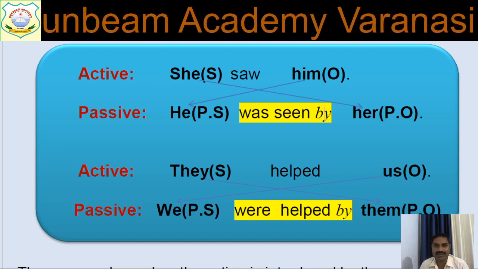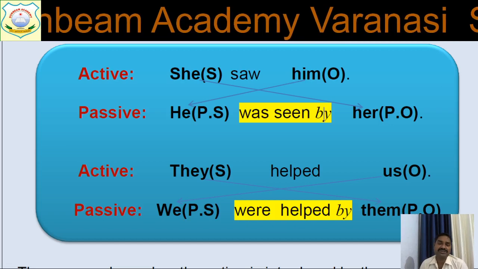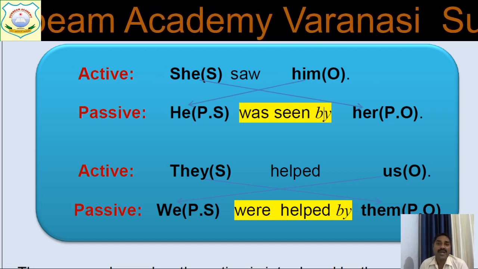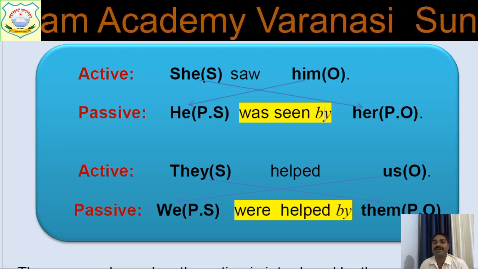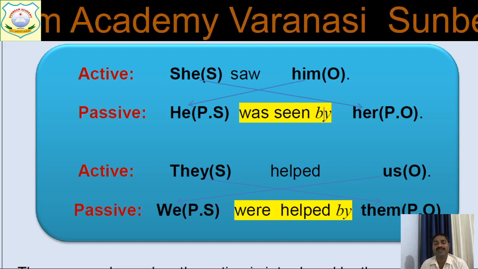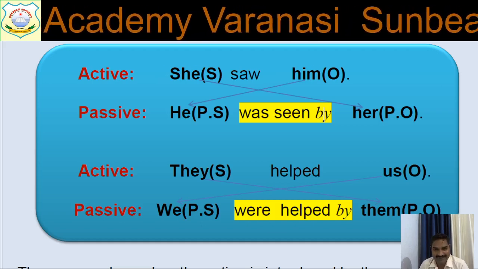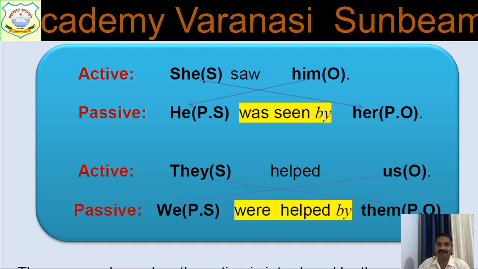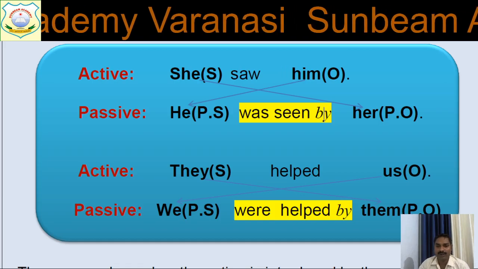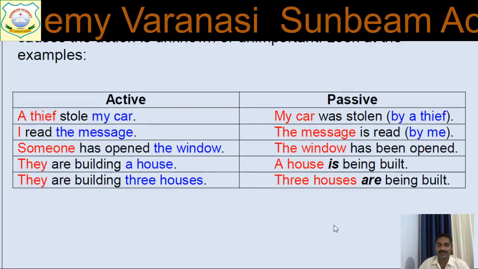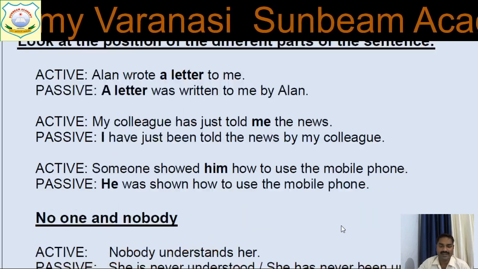This is the most important thing. So the most important thing in this class is to learn when to make use of different sorts of helping verbs with the third form of the verb in passive voice. Okay, we shall have a bird's eye view on it, and then we shall go to do some exercises.